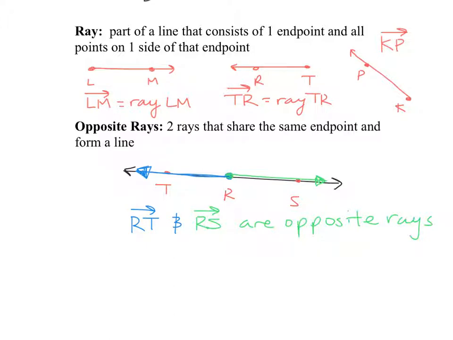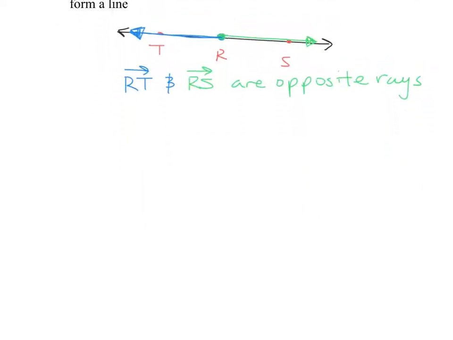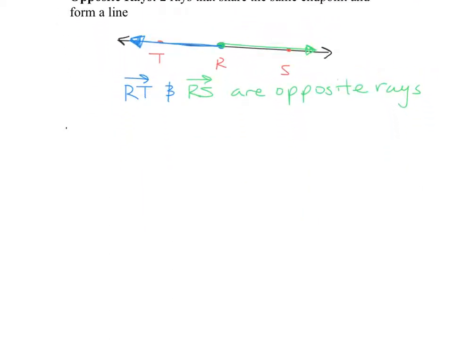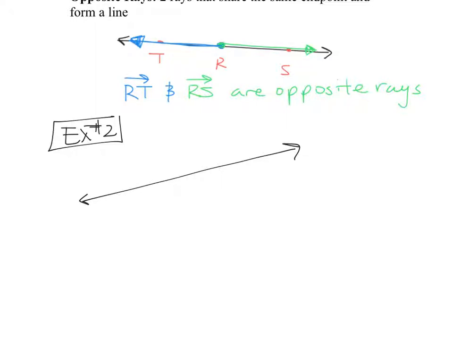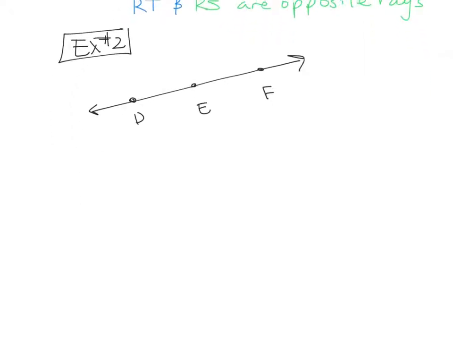Okay, last thing is just a second example here. Let's say we have point D, point E, and point F. Okay? Tell me any segments you see here.